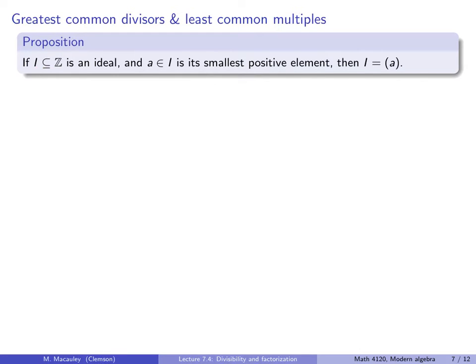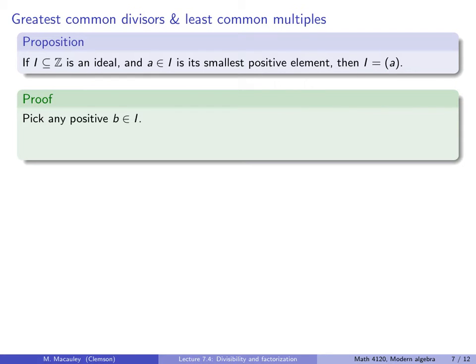Namely, if I take A to be its smallest positive element, then A generates I. To prove this, first let's pick any positive number in the ideal and let's call it B. Then we can use the division algorithm, which is just a fancy term for something that you learned in elementary school, to write B as a multiple of A plus R, where R is strictly less than A.